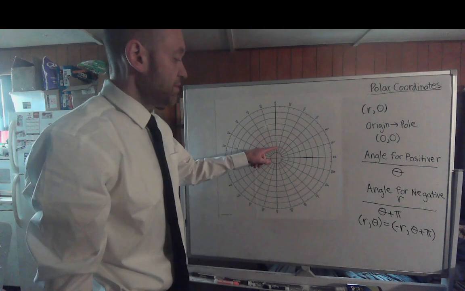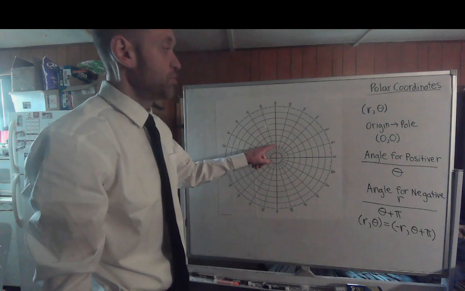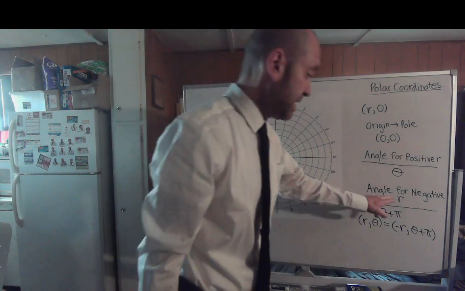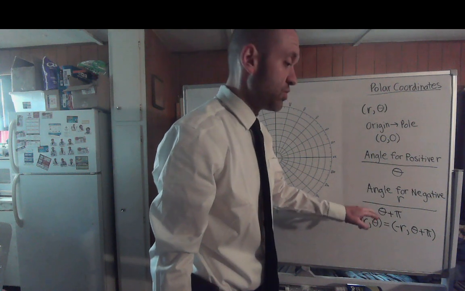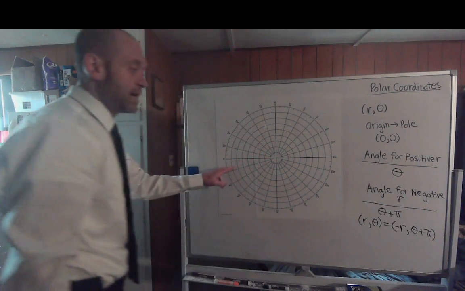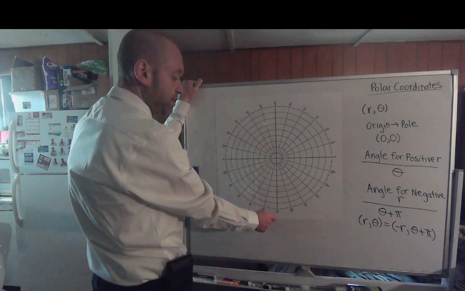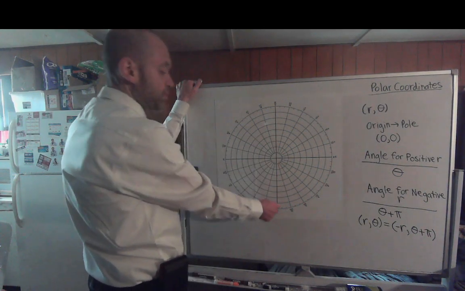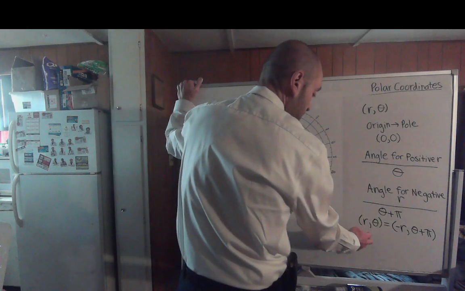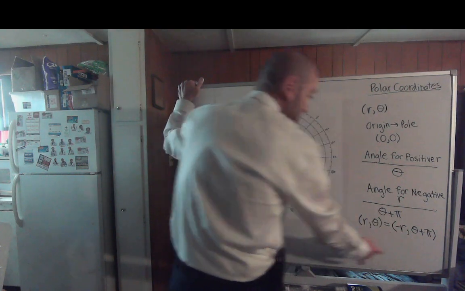So (-2, 3 pi over 2) is the exact same thing as (2, pi over 2). If I have a negative r, I'm just going to take theta plus 180 degrees and I get the equivalent. Because pi over 2 plus pi is 3 pi over 2. So in other words, (r, theta) is the exact same thing as (-r, theta plus pi).